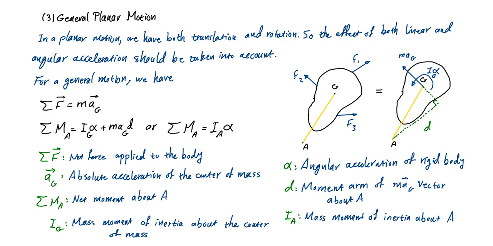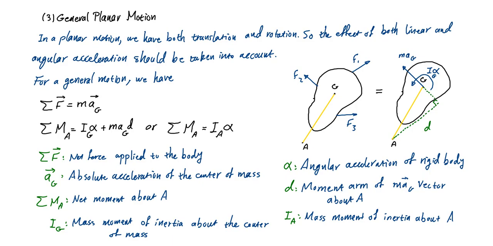When you're analyzing the motion of a rigid body, make sure you write the equation from Newton's second law. Summation of all the forces is equal to MAG, and this one is a vector equation, so it gives you two equations, and you have to write the equation for the moments. For moments, either about center of gravity or about a point. Well, you write the moments about whatever is the axis of rotation.